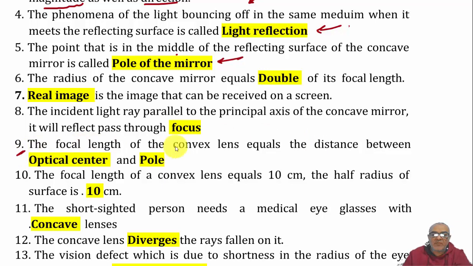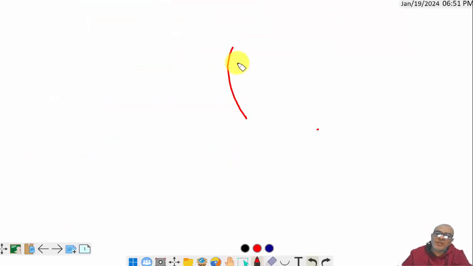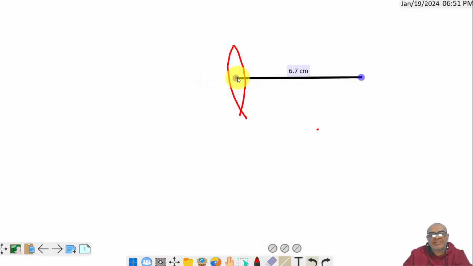The focal length of a convex lens, take care, equals the distance between the optical center and the focus. This one here is the convex lens, this is the optical center, and this one is the principal axis.